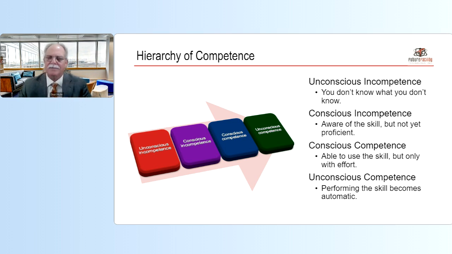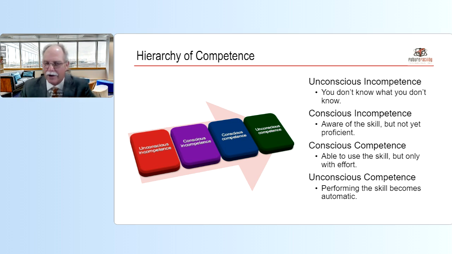Then you have conscious competence, which means that you understand that skill and you can do it, but it still takes a little bit of effort. Maybe you're still working off of a checklist, but you know what you're doing and you're getting pretty proficient at it. And the final stage that we all want to get, no matter what occupation it is, is unconscious competence, which means you're going to do that skill that you've been practicing without even thinking about it.